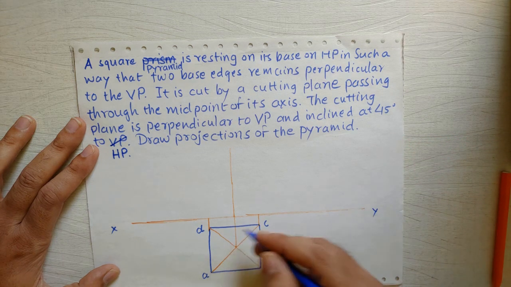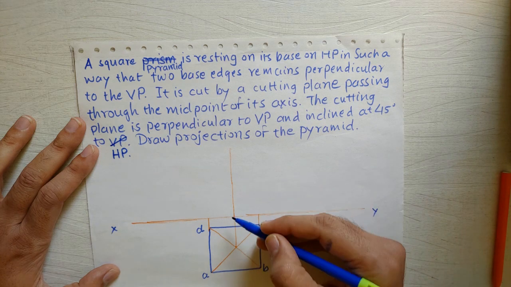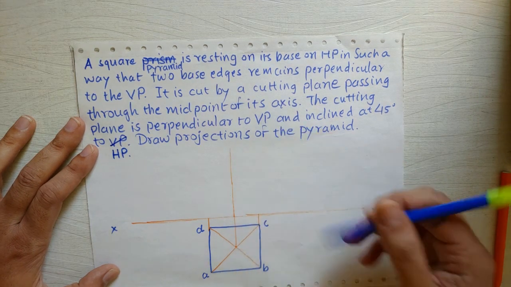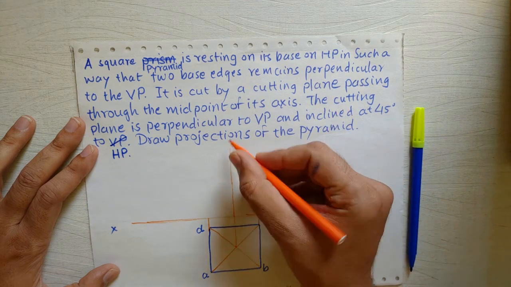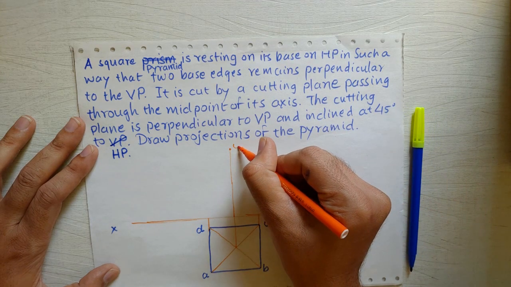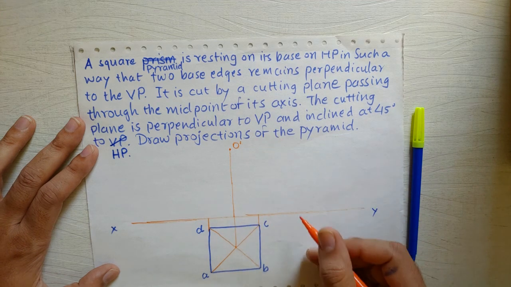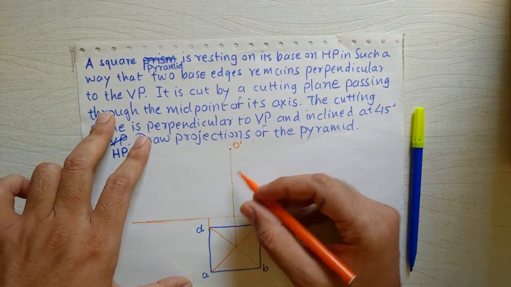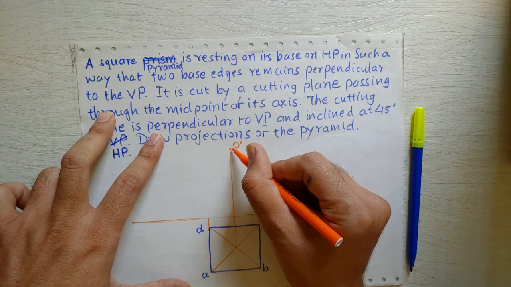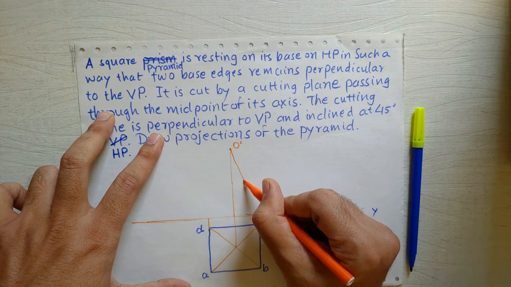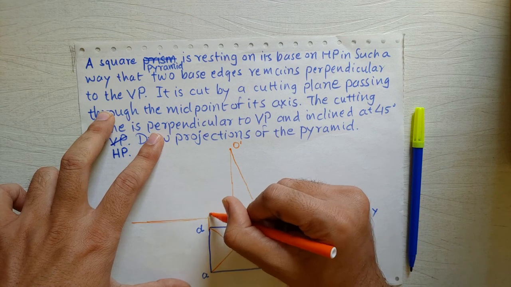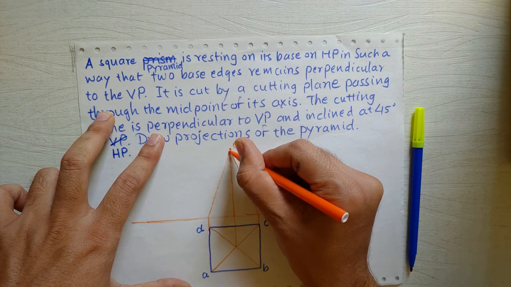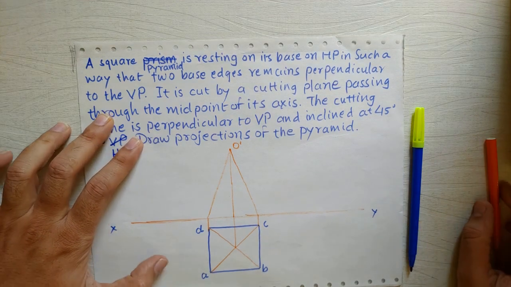With those dimensions you will draw this. Basically here you will mark the height of the pyramid, and that will give you the apex. Let's say that is O prime. Now we will draw the front view of this pyramid which is resting on HP. This is without cut, so that is why I am showing it with continuous thin lines.